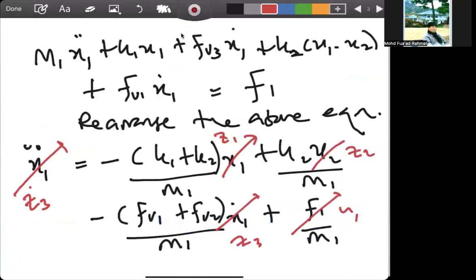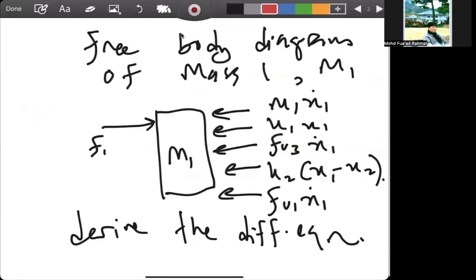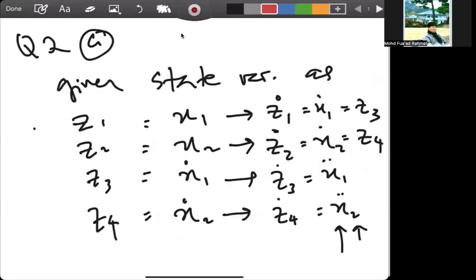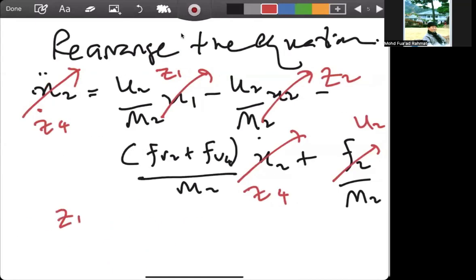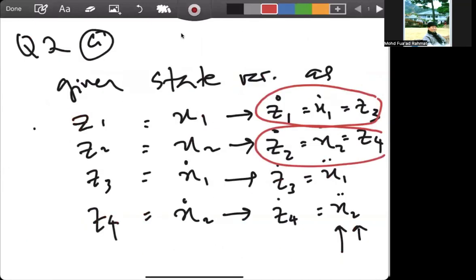But bear in mind that Z1 dot is Z3 and Z2 dot is Z4.